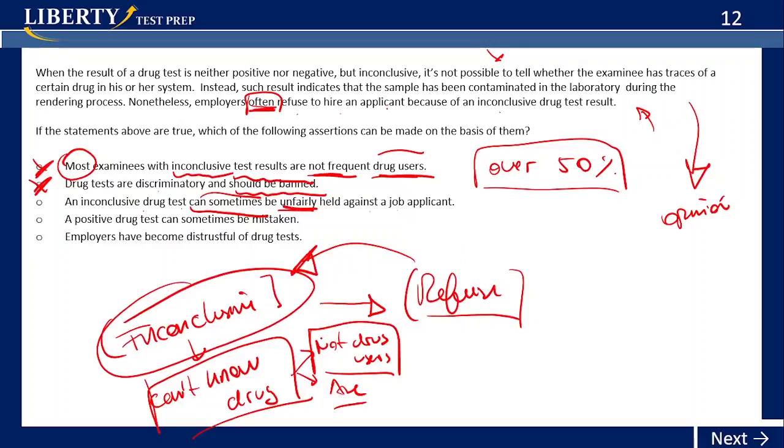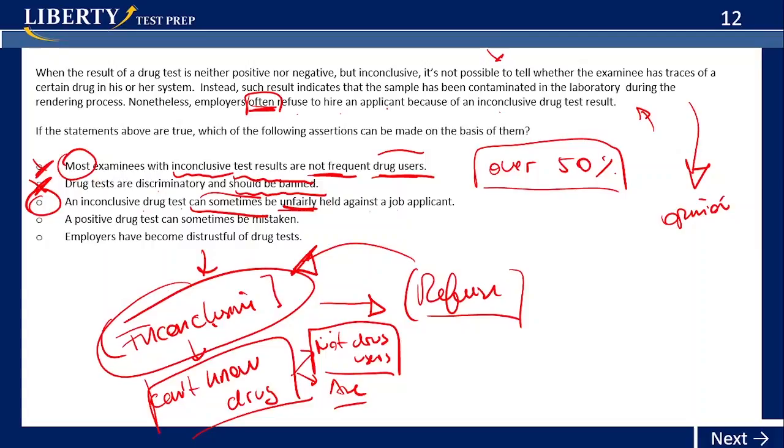So for them, this inconclusive test result is being held in an unfair way, because even though they don't do drugs, they won't be able to get the job because employers will just distrust this result. So that's why letter C makes sense. Okay, they are being judged not based on their reality.